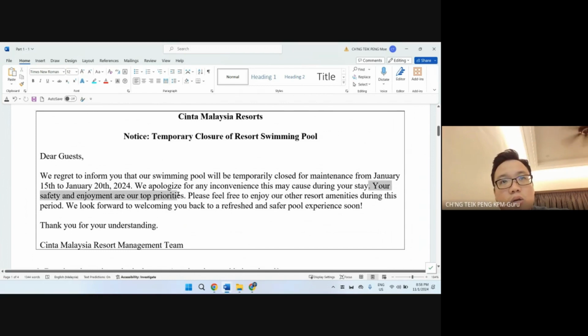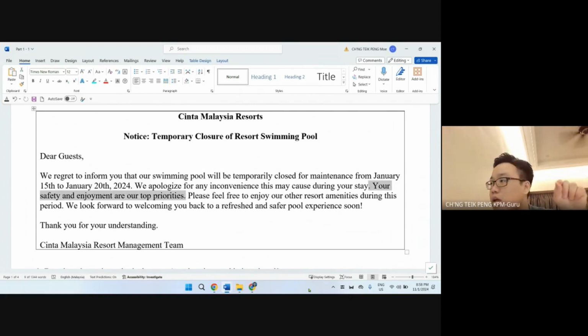So when we say your safety and enjoyment are our top priorities, it means your safety and your enjoyment are the most important things to us. That's the meaning. Top priorities. So for example, as a student, what are your top priorities?